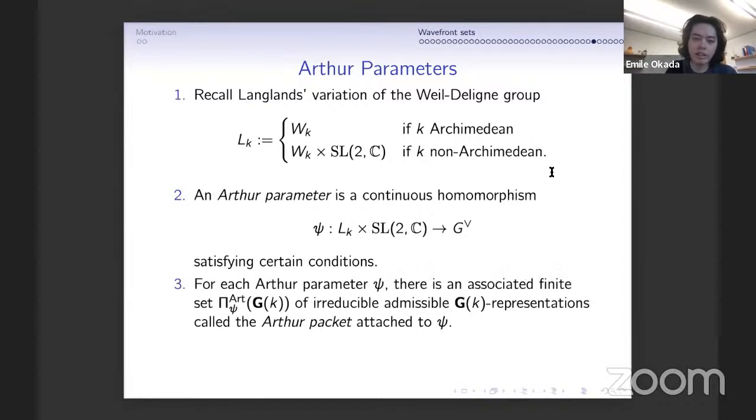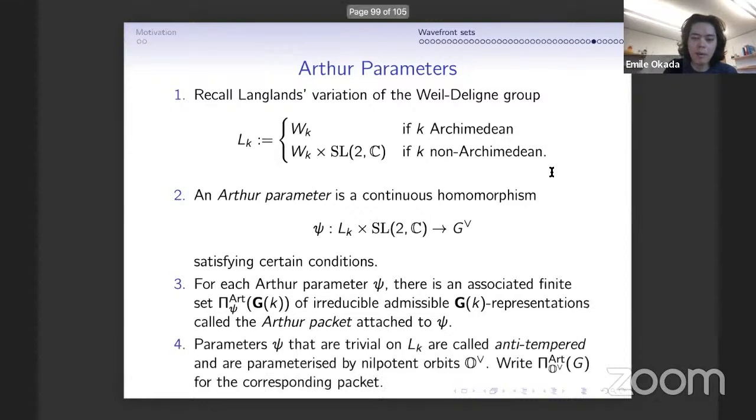Then Arthur posits that to every such Arthur parameter, one should attach a finite set of irreducible admissible representations called the Arthur packet attached to psi. And this needs to satisfy some desiderata, which I won't go into. To put the packet that we described earlier into this context, they should correspond to the so-called anti-tempered parameters.